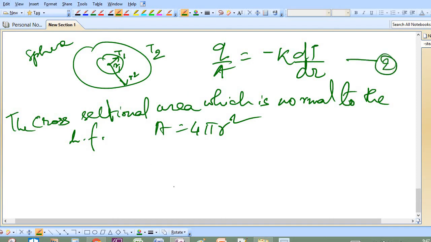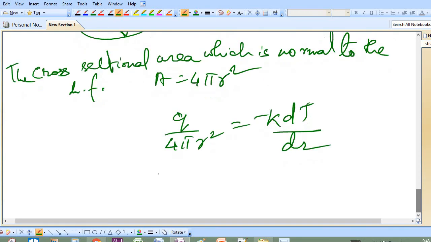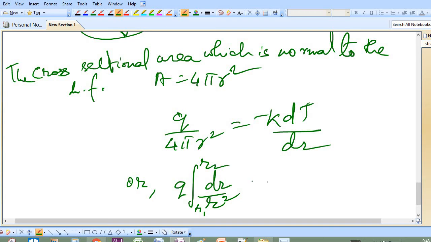First of all we write 4 pi r square, so Q by 4 pi r square equal to minus k dT by dr, or we can write it as Q dr by r square integrated from r1 to r2 equal to minus 4 pi k dT from T1 to T2.